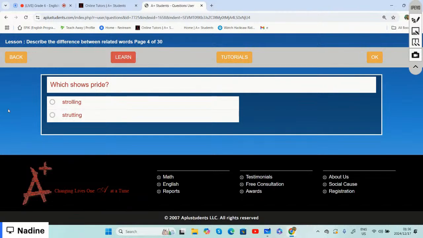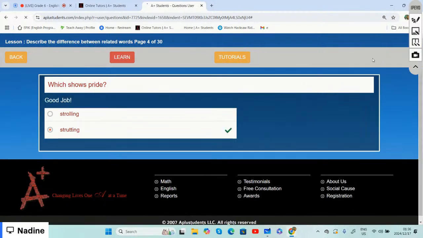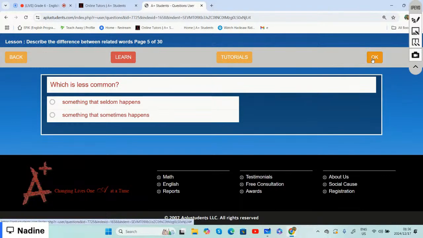And if we were to choose the correct option, the word that shows more pride, we would say option two. If you are strutting, remember, if you're just strolling, you're just walking, right? But if you're strutting, it's like you're walking with proudness.